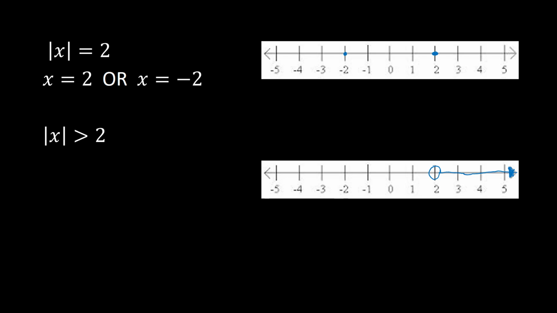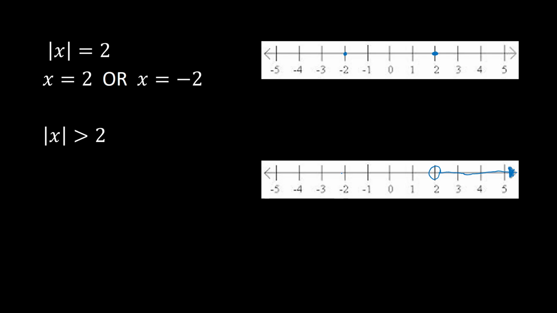Now remember there is a negative component to this as well. So going the other direction, looking over here to the left, on the negative side, notice that we also have a whole other set of solutions that are further away than 2. So what numbers are more than 2 away from 0 on the left side?